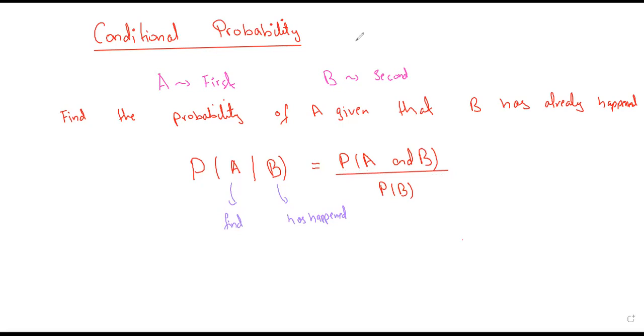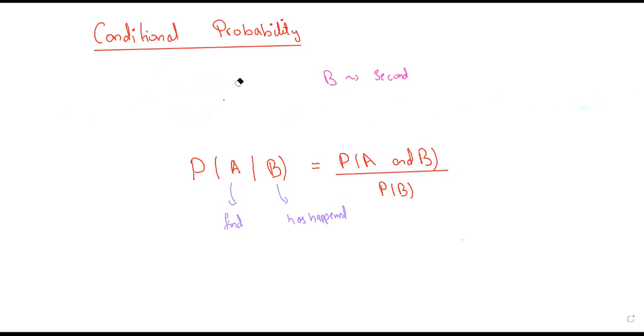So it says find the probability of A given that B has already happened. So we will be talking about the event A as the event whose probability we are basically finding, and the condition is B. Okay. Now I assume that this formula is clear. If you guys have understood the formula, we can talk about the question, and then we'll talk about a past paper question. Okay. Now this is the formula.